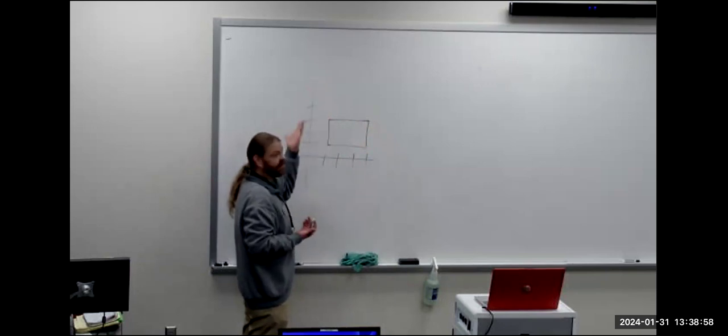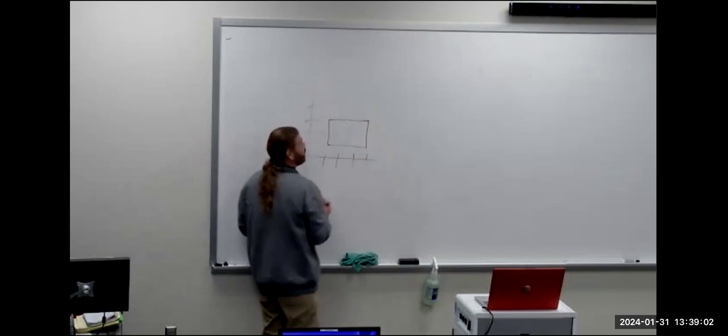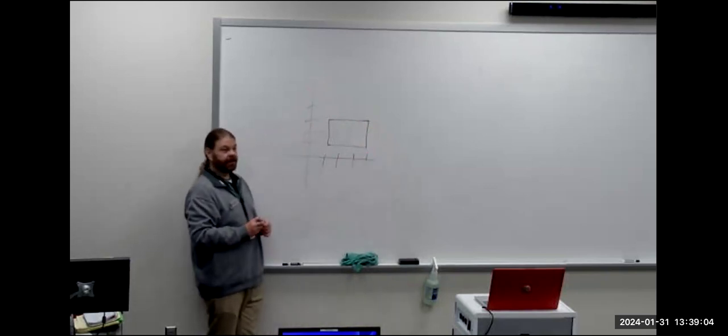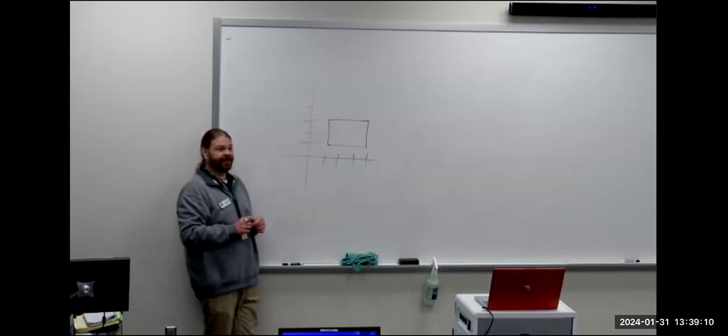So that actually takes us up to 5 pieces of data, which is a common way to do it. But anybody else want to weigh in? What's the minimum way to identify a rectangle? Anything?